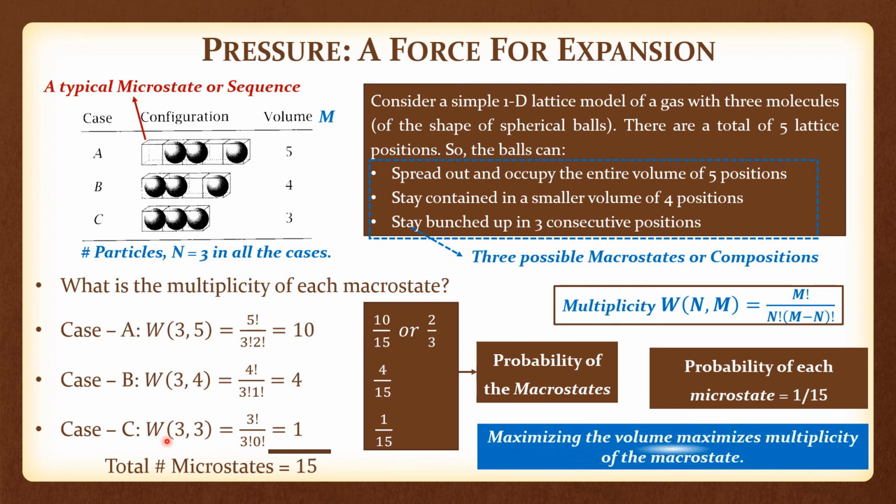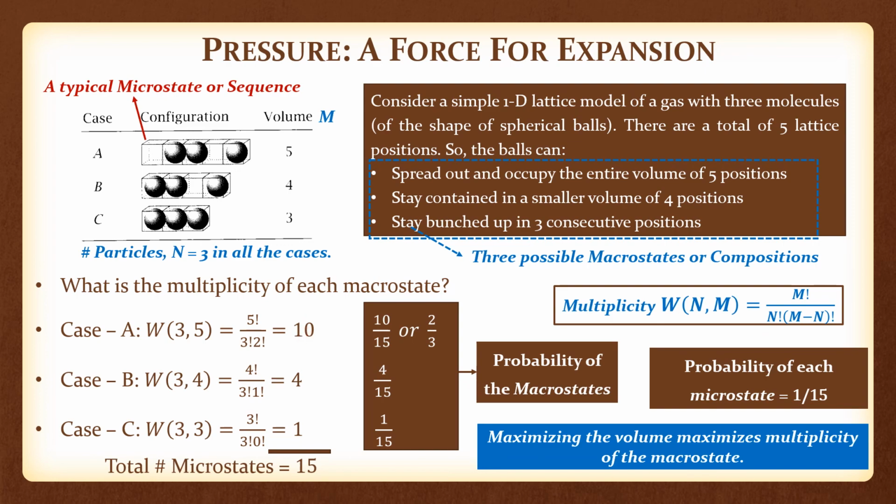So once again, what do we find out? Maximizing the volume maximizes the multiplicity of the macro state, and therefore the macro state that corresponds to maximum multiplicity is the preferred macro state. That is the hypothesis, isn't it? So the rest macroscopic state of a thermodynamic system corresponds to maximum entropy.